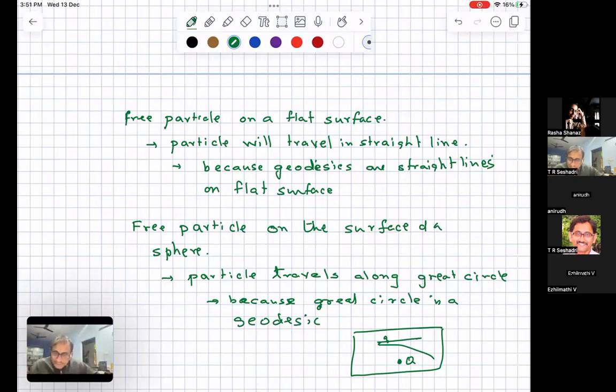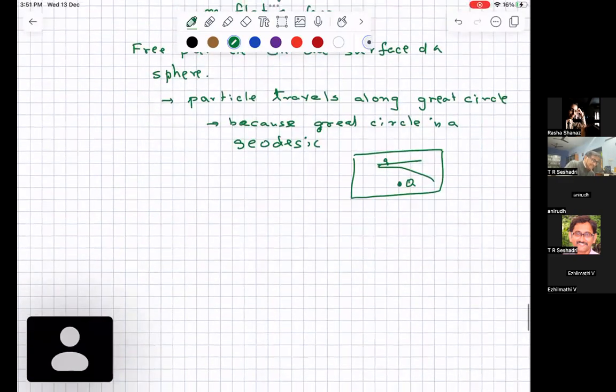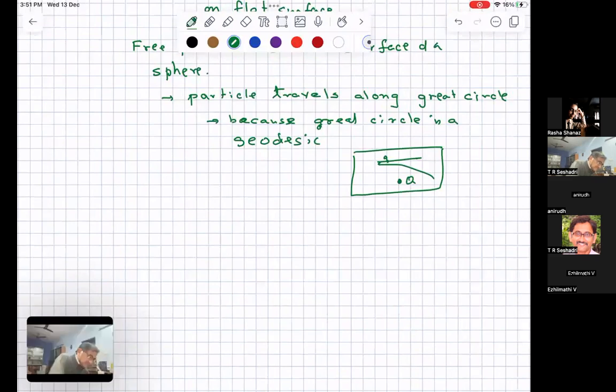The force which is acting is not tangential to the surface, it is normal to the surface. So that is what I mean by free particle: there is no force acting along the surface on which it is moving.